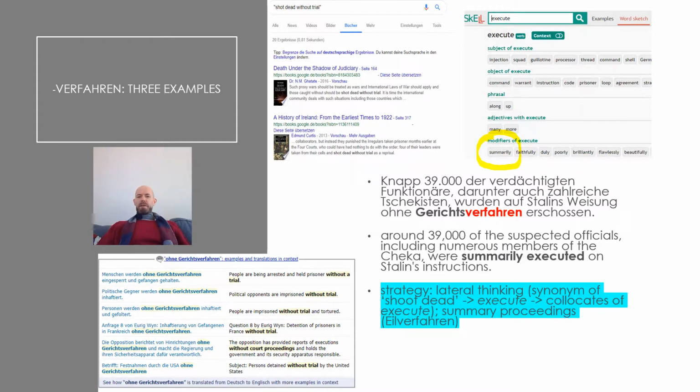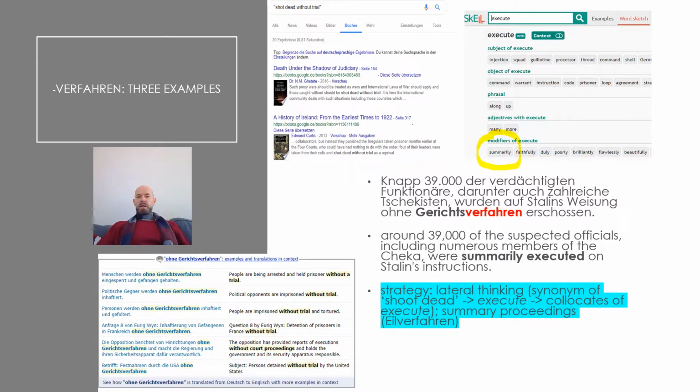However, if you do a bit of lateral thinking, you might come up with the equivalent execute. And then you might go and have a look at the typical collocations of execute. What you'll find is that execute collocates with summarily.